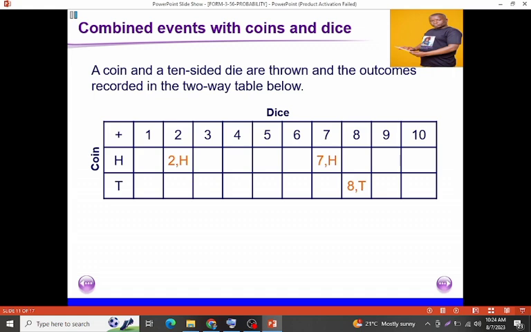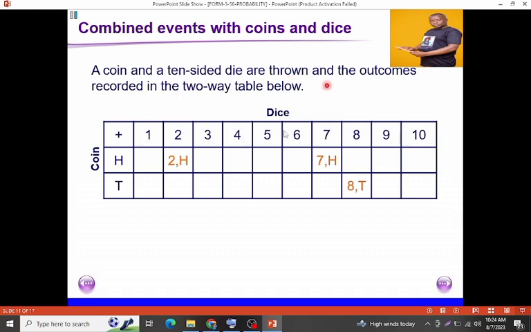For example, suppose you flip a coin and throw a dice, and then combine the outcomes of the two events. You shall have a table like this one.